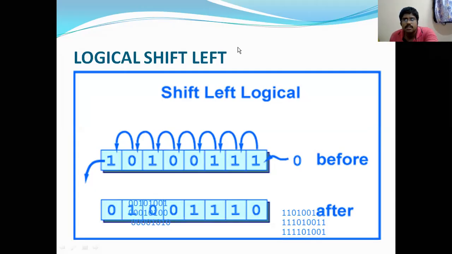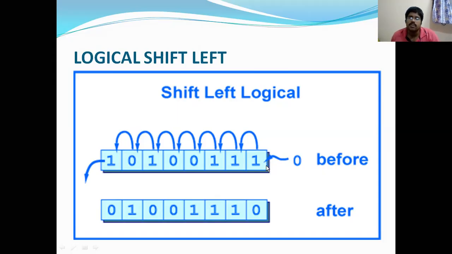The value that is present here shifts here, and this one will come out of the register. It will go somewhere we don't bother about. So we'll get an empty place here, and it is going to be filled with 0.